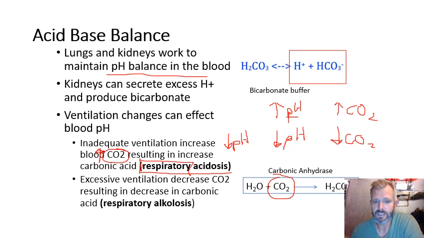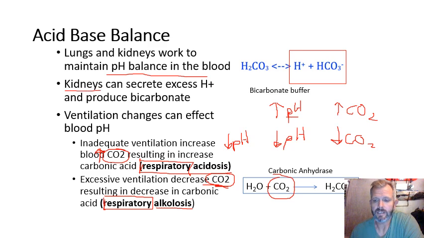Okay, excessive ventilation decreases CO2. All right, so I can get alkalosis because if I have lower levels of CO2 than normal, right, again, the alkalosis is coming from the levels of CO2. In this case, the CO2 levels are lower. Okay, we can see our kidneys.